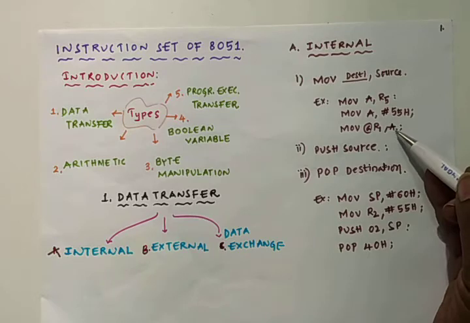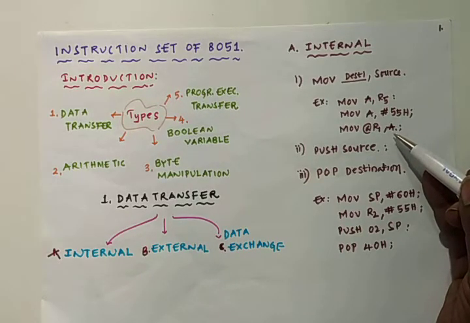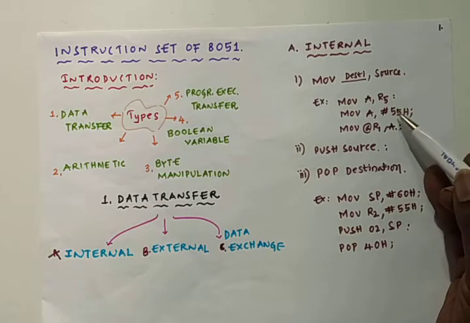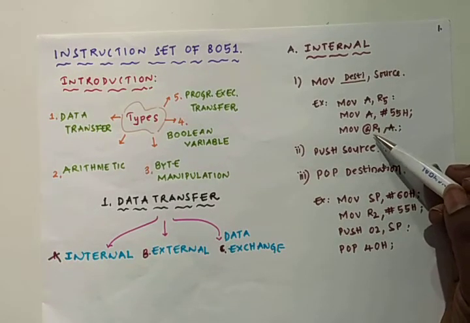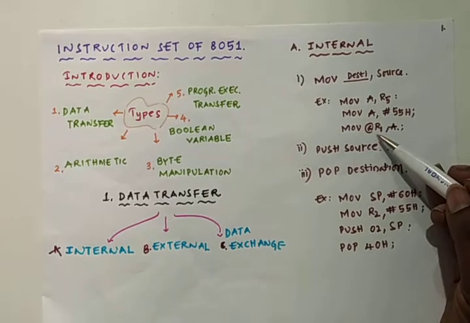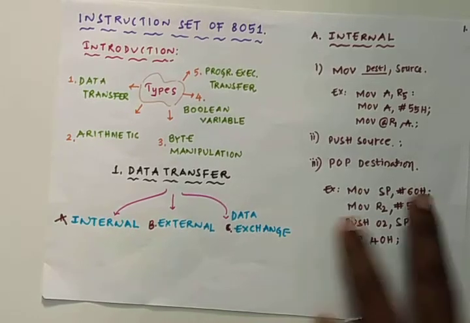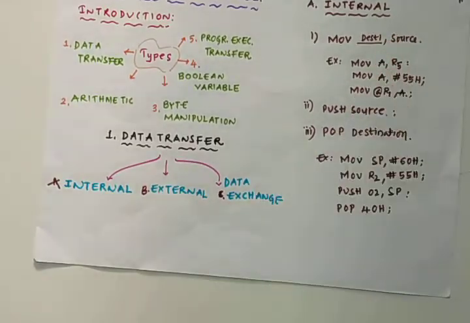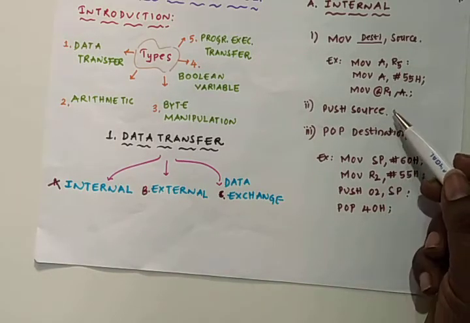Here A is the accumulator register, which has 8 bits of data, and that data will be moved into the internal RAM location. That address is specified in register R1. This is about the internal data transfer instructions.